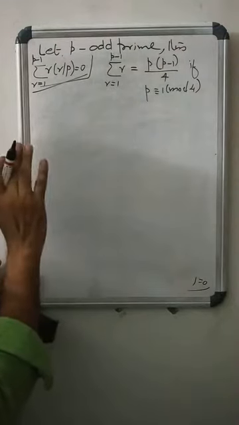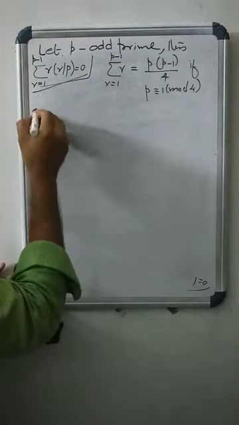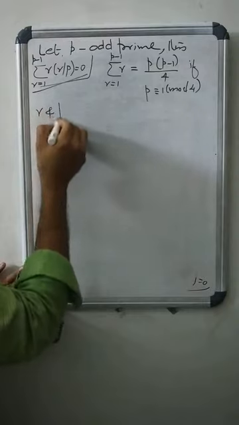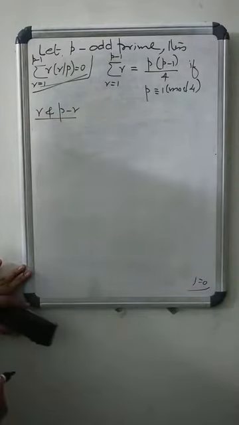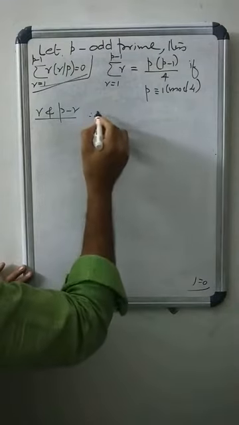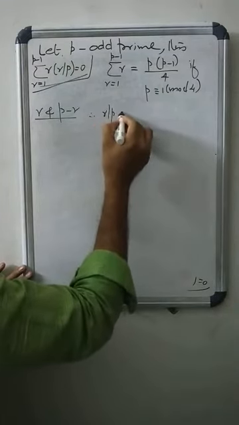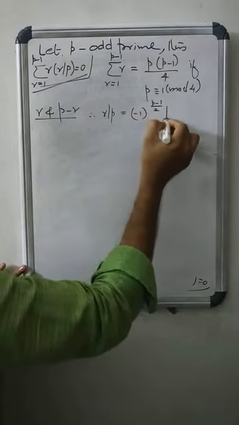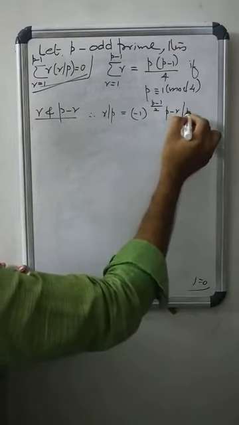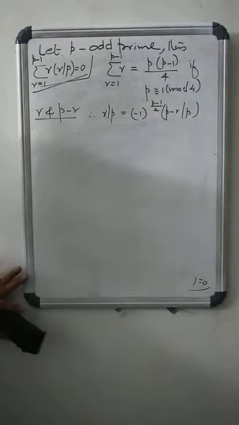Again, when p is an odd prime, then surely r and p minus r run through the same numbers 1, 2, 3, etc. up to p minus 1. Therefore, we know that (r by p) equals minus 1 to the power (p minus 1) by 2 into ((p minus r) by p). Clear?